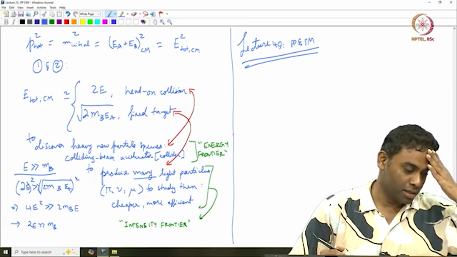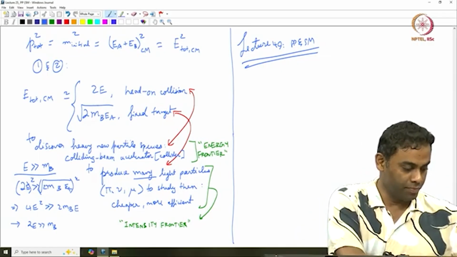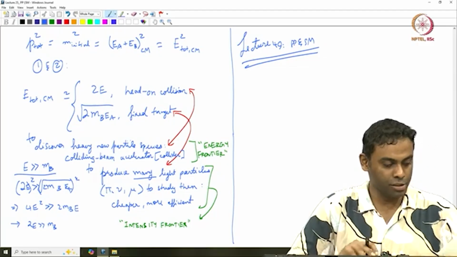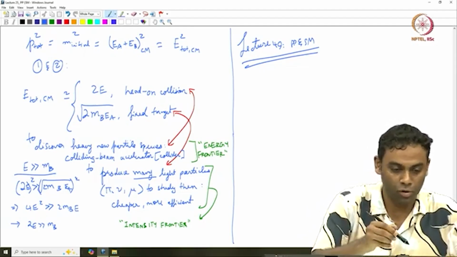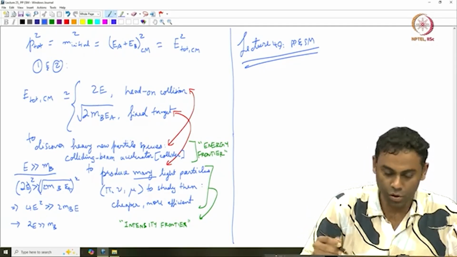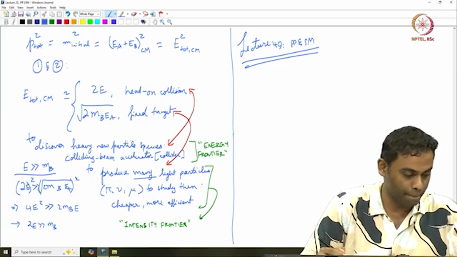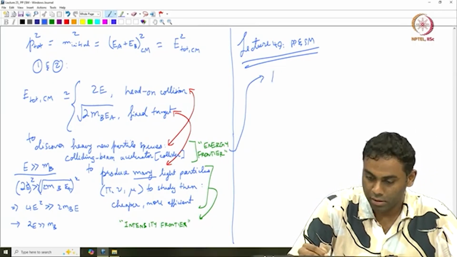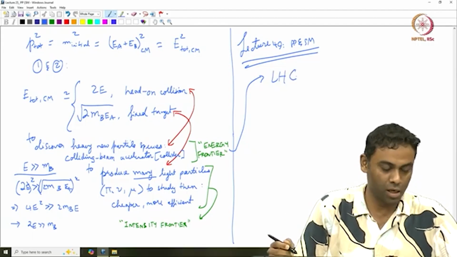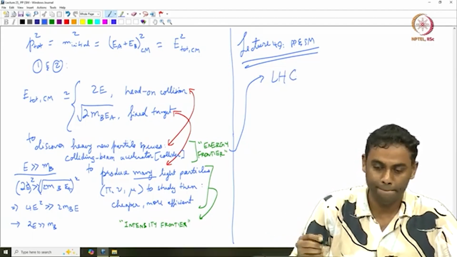Let's continue on that theme, and I'm just going to give some examples of these two frontiers before we move on to other things. At the energy frontier we have, most famously now, the Large Hadron Collider.